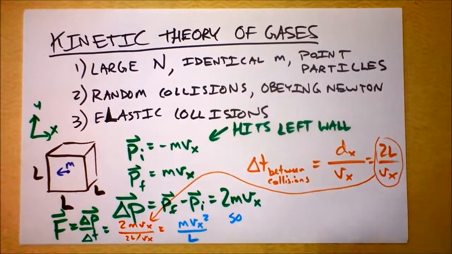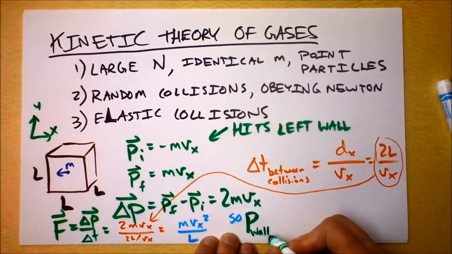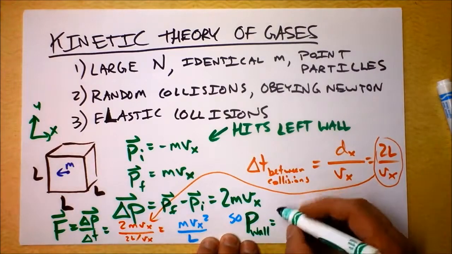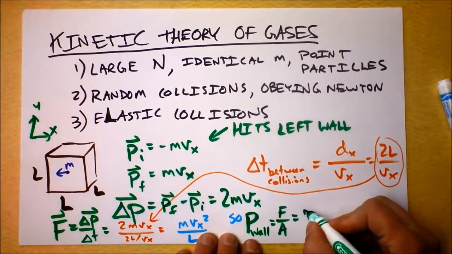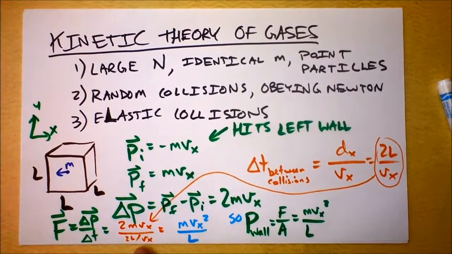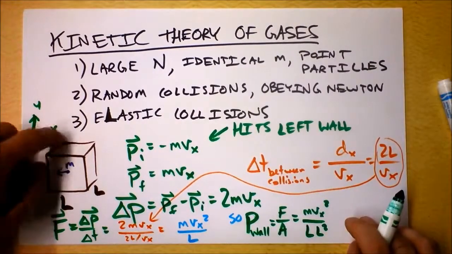So, let's go back with green again. Pressure on the wall is that force divided by area. So if I take that force, which is mvx square over L, and then I divide that by area, that's L square, that's the area of that wall right there.